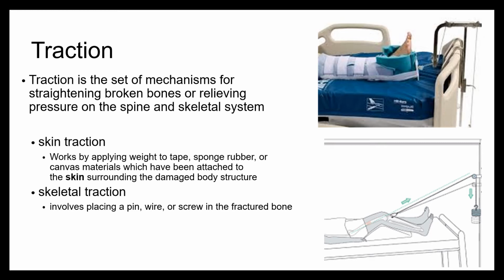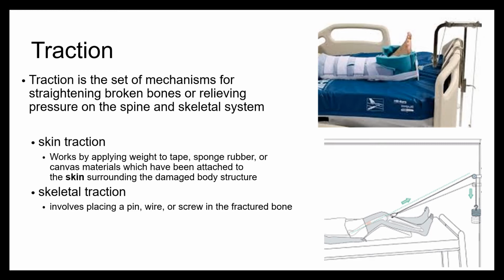Our other type of traction, known as skeletal traction, involves the placement of a pin, wire, or screw into the fractured bone. So as I mentioned on the previous slide, skeletal traction is done in conjunction with external fixation. Skeletal traction is generally in place for longer periods of time than skin traction.